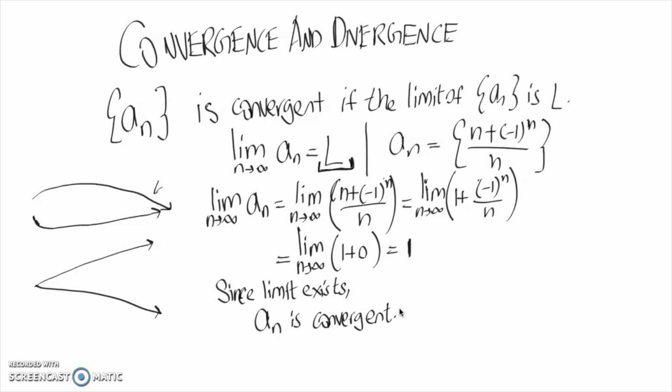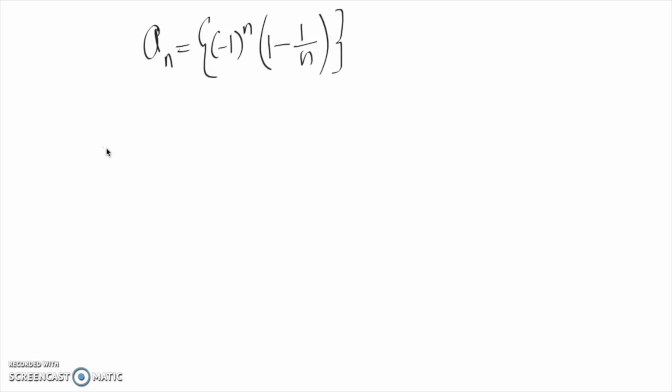Now let's look at a case where it won't necessarily be convergent. Okay, so let's say we have this sequence here. We have a_n is equal to minus 1 to the power of n multiplied by (1 minus 1 over n). So we're going to find the limit of this sequence.